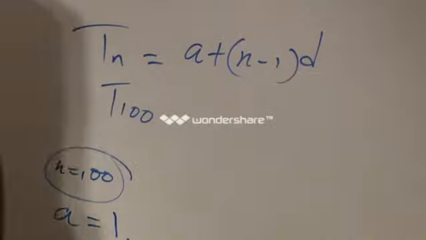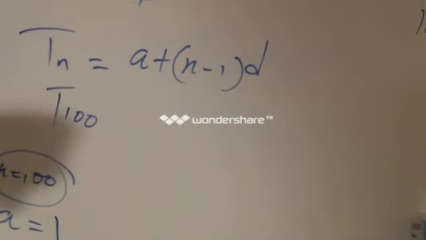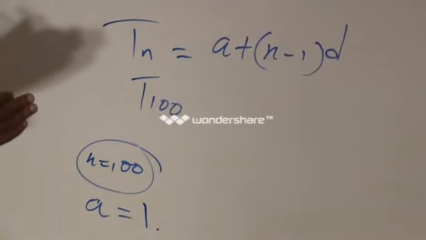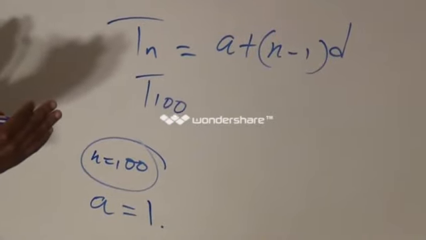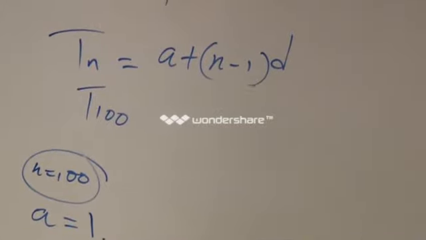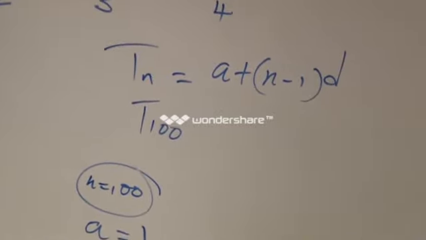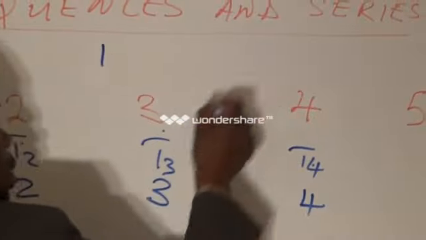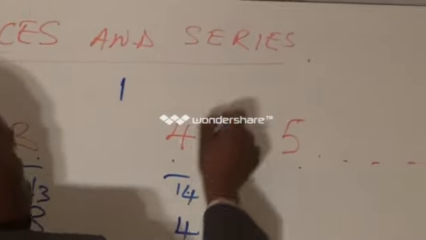Good. What is the common difference of this sequence? In this sequence, we have seen that the difference between neighboring terms is always 1. Here, T2 minus T1 is 1. T3 minus T2, 1. T4 minus T3, 1. T5 minus T4, 1.